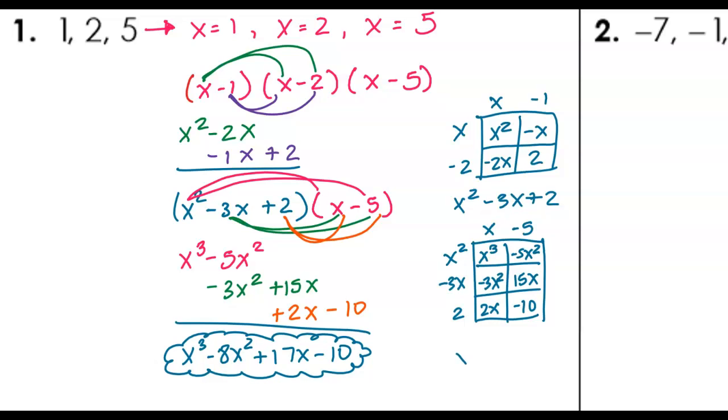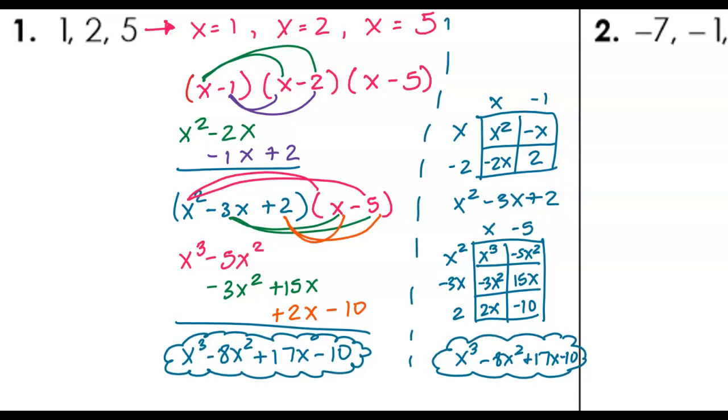We combine the diagonals and get x cubed minus 8x squared plus 17x minus 10. Both of these give us the exact same answer. I don't care how you do it. I just prefer distributing. Any last question?